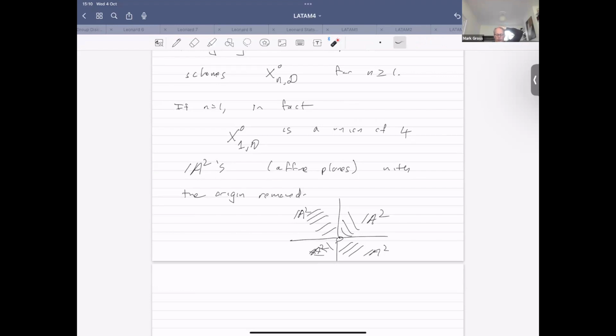And these open sets I've been talking about, if you look at the interior of this affine plane, in the sense of removing all these other A2s, you just get a C star squared. So you have a C star squared here, here, here, and here. Each of these interiors is a C star squared.